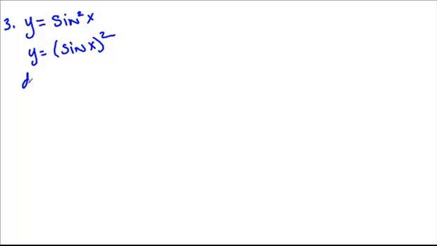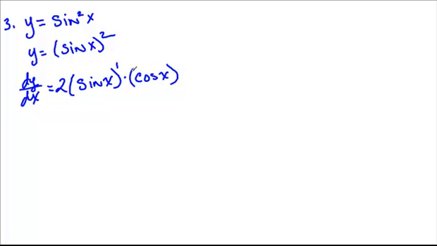So when we take the derivative, we do 2 in front, rewrite the inside, subtract 1 from the exponent, and then multiply it times the derivative of the inside.